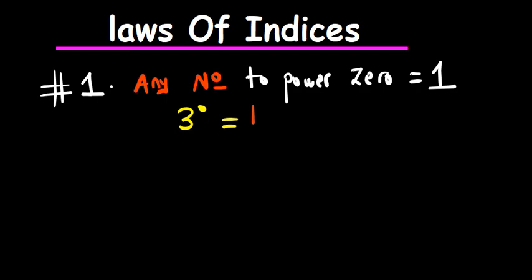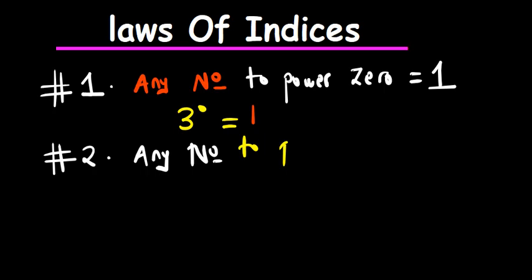Rule number 2 is that any number to the power 1 is the number itself. Any number to power 1 is itself.